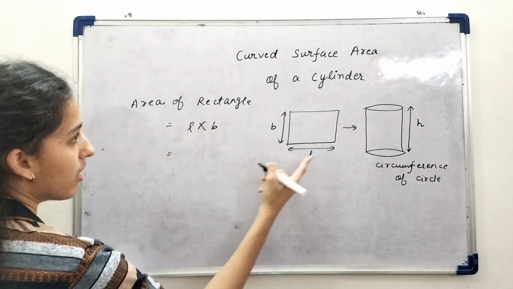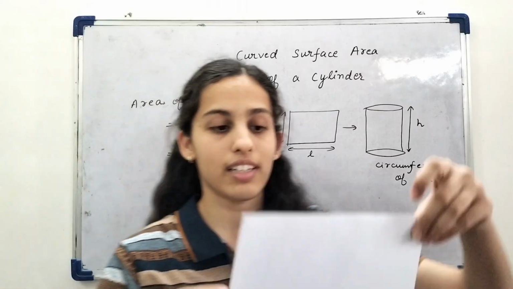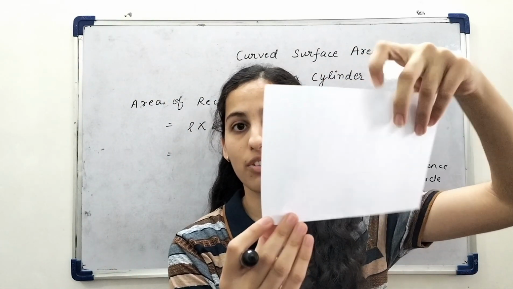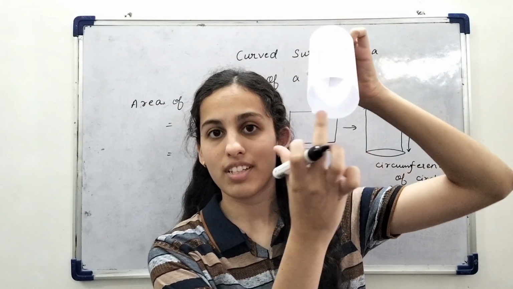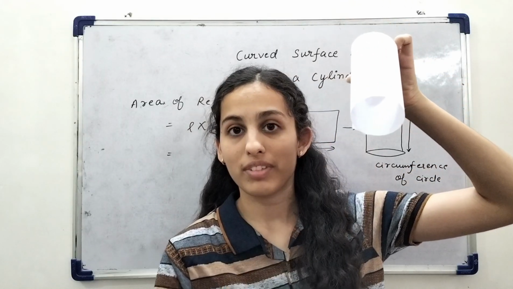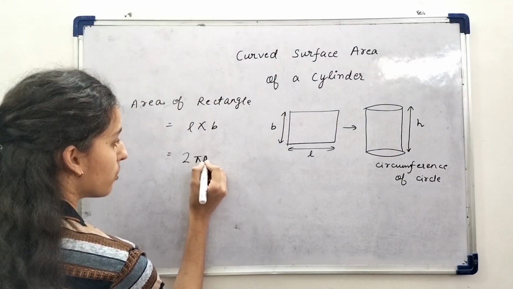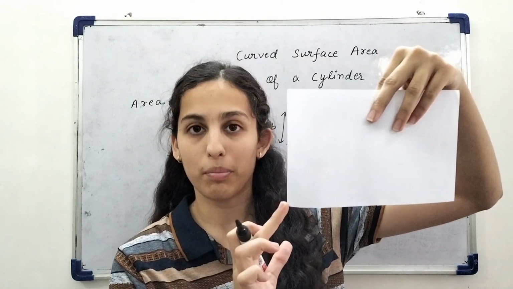Here the length converts into the circumference of the circle, and the perimeter of this circle is 2 pi r. So length converts into 2 pi r, and this side of the rectangle is the breadth.